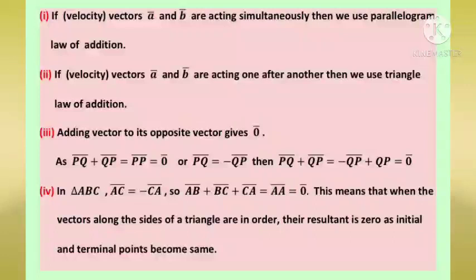It says when the vectors along the sides of a triangle are in order, then their resultant is 0, or initial and terminal points become the same. Are in order means what? The direction goes from A to B, B to C and from C to A. So if this is the flow of direction, then your initial and terminal point becomes the same, that is A. So when your initial and terminal point coincide, the resultant vector will be equal to the 0 vector.